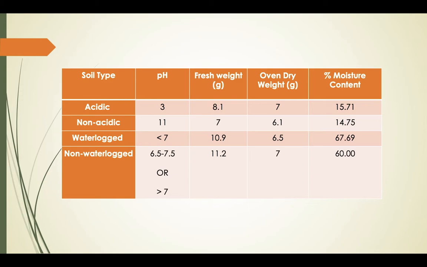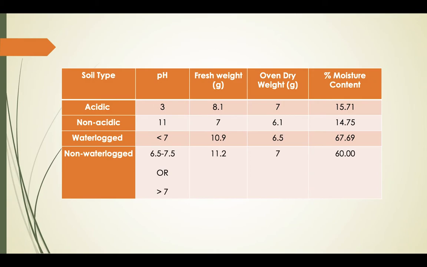So here, for the first part of the module, you are tasked to compute for the percent moisture content, as well as to speculate on the pH values of soil types according to indicated description. So we have acidic, non-acidic, waterlogged, and non-waterlogged soil. I think the fresh weight samples and the oven dry weight samples of the soil are given, and here you're asked to speculate on the pH of waterlogged as well as non-waterlogged.